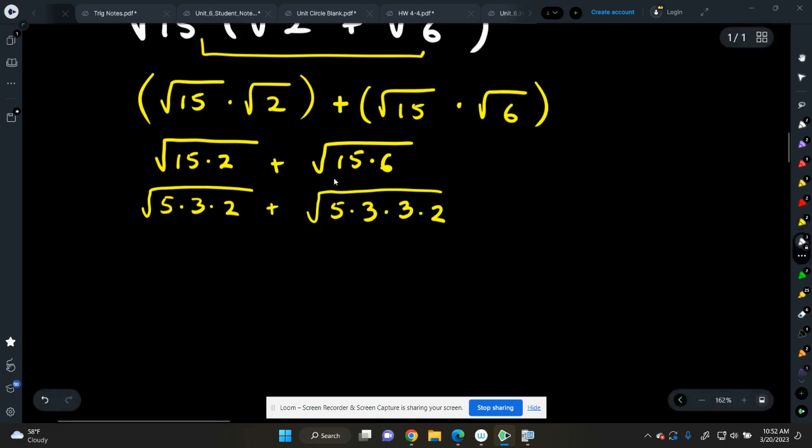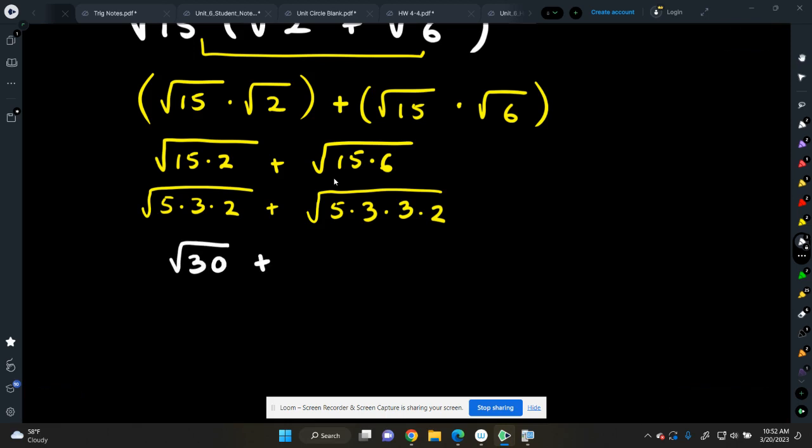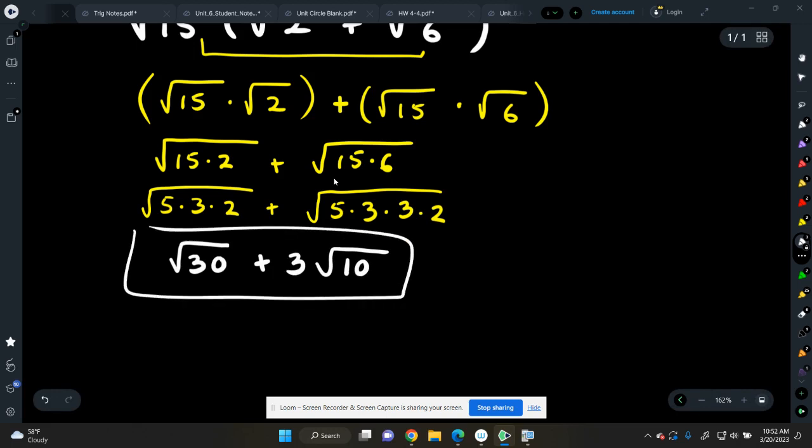How about the first one? What can we do with that? Nothing. So this is just going to be the square root of 30 plus. Next one, what do we do? Take the 3. Good. 3 square root of 5 times 2, 10. And we're done.